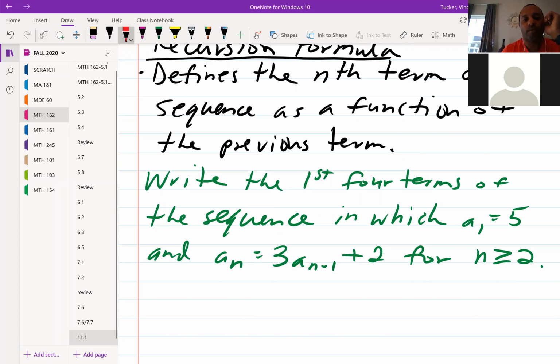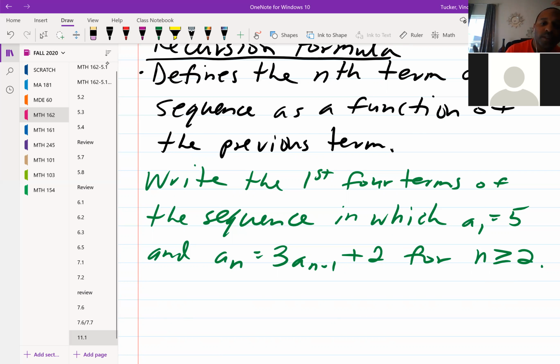All right, so here we have write the first four terms of the sequence in which they give you a sub 1. A sub 1 is equal to 5. And then a sub n is 3 times a sub n minus 1 plus 2 for, and look at the domain of n, for n is greater than or equal to 2.